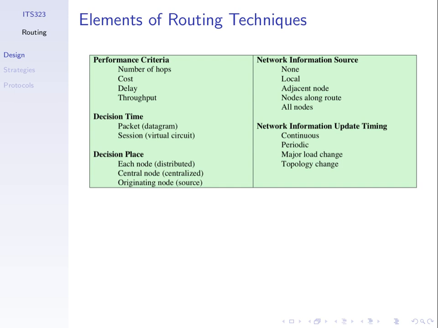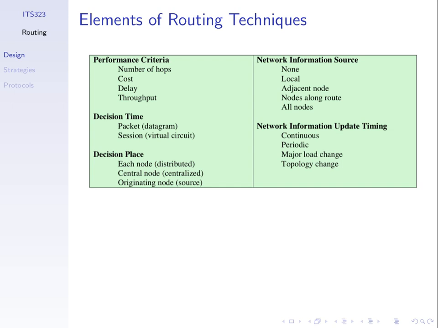So we would say that the information that node 1 knows about itself and about those links is local to that node. The information about the network that node 1 knows is local to that node.